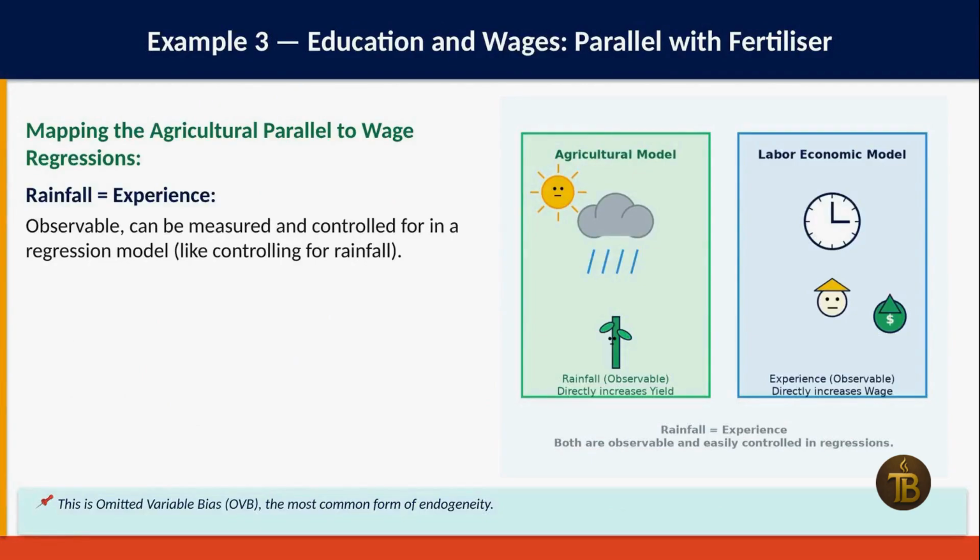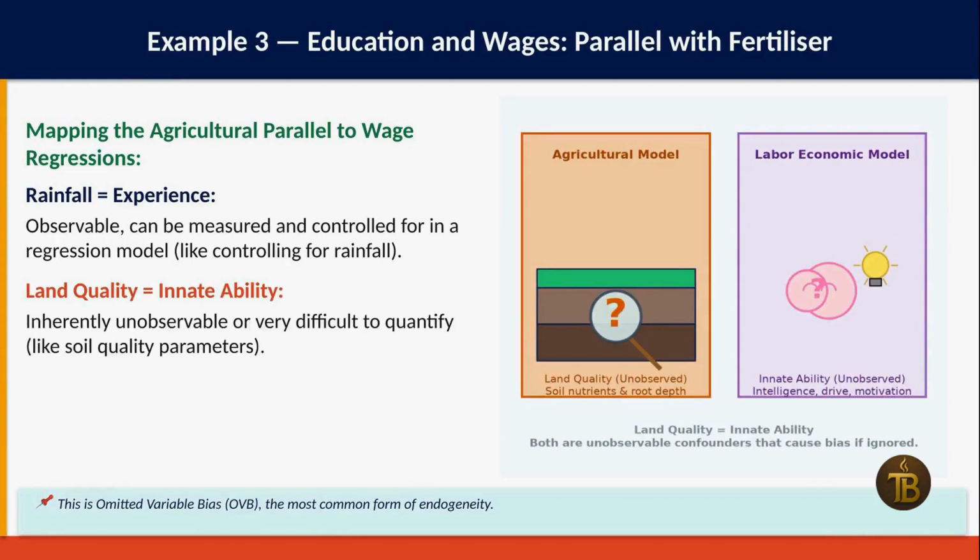This is omitted variable bias, the single most common form of what economists call endogeneity, and it maps perfectly onto our fertilizer example. Rainfall corresponds to experience. It's observable, so we can measure it and control for it directly in a regression. Land quality corresponds to innate ability.